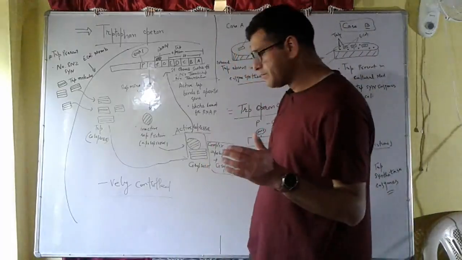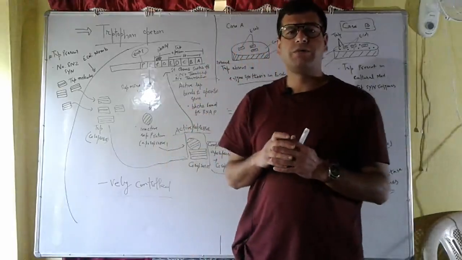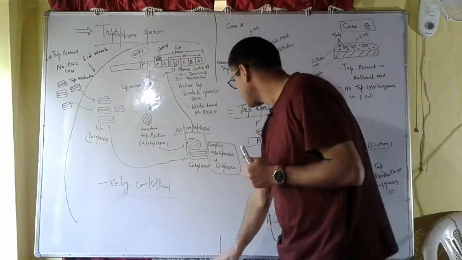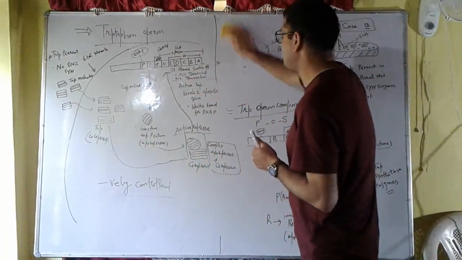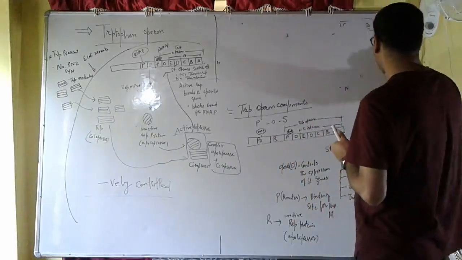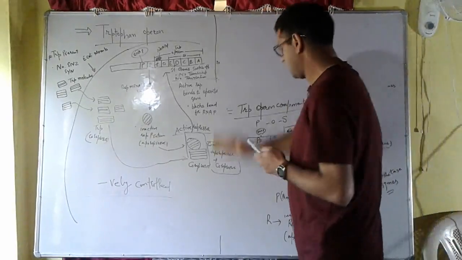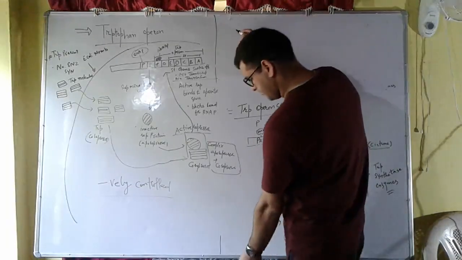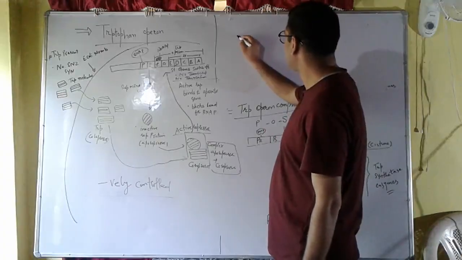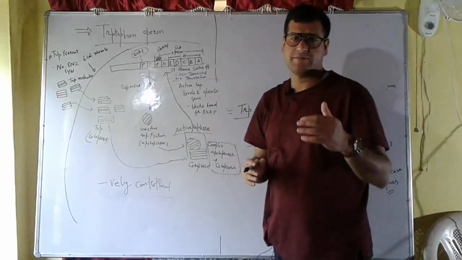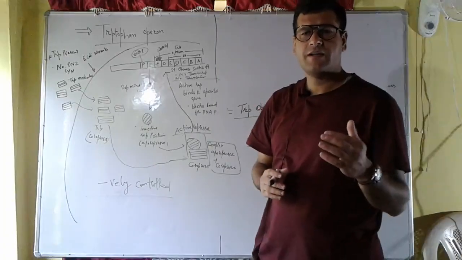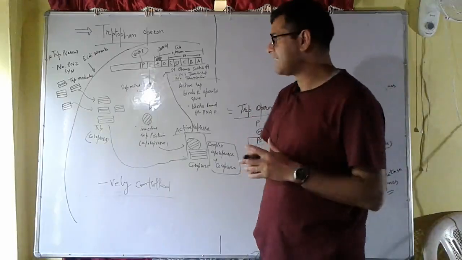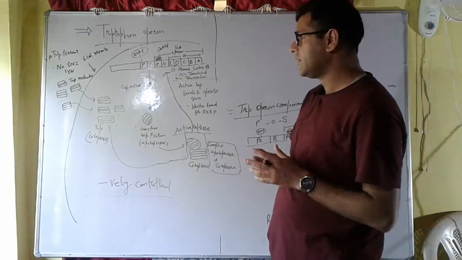So this was about the mechanism of the tryptophan operon. For example, when we add extra tryptophan in the culture medium, no enzyme synthesis occurs in the E. coli.